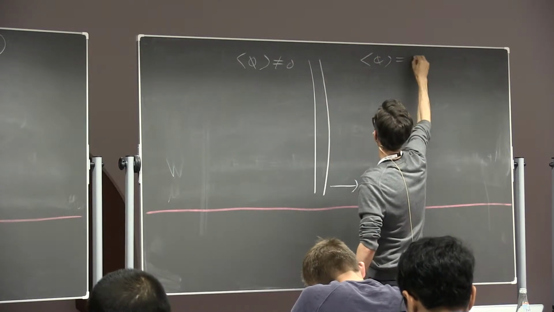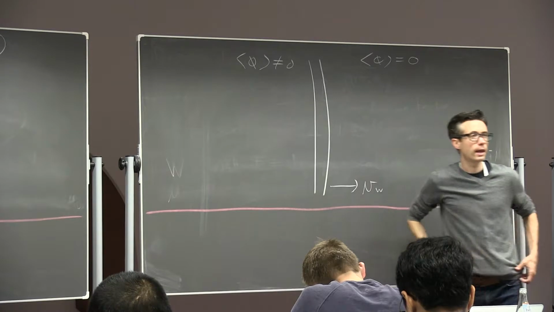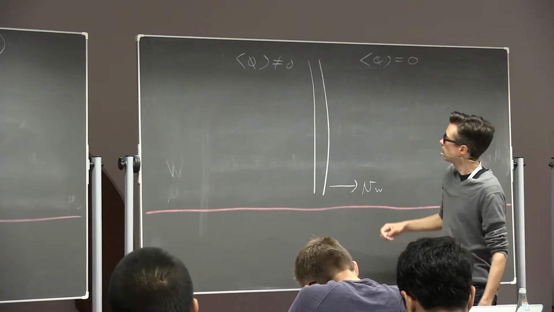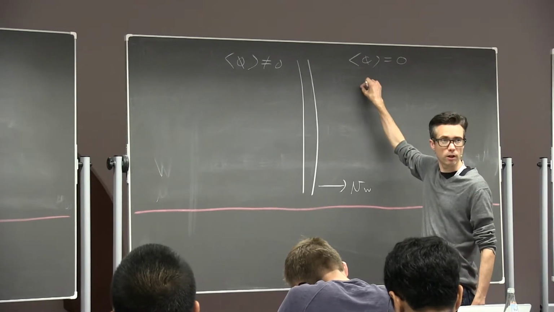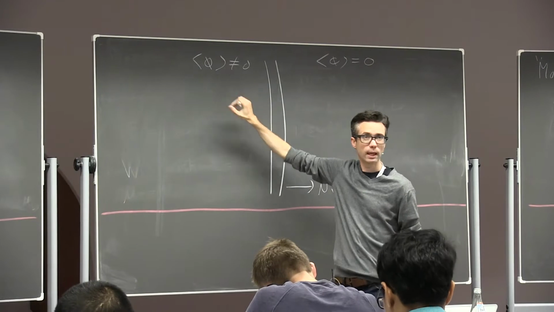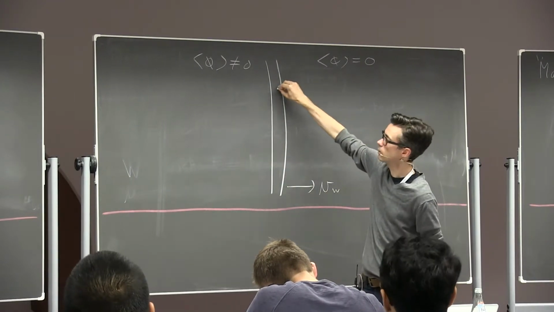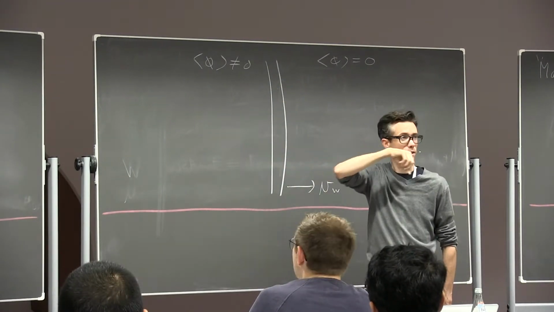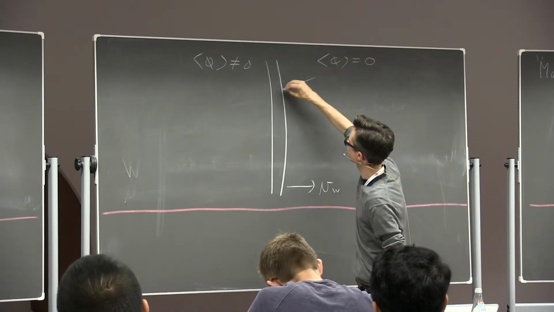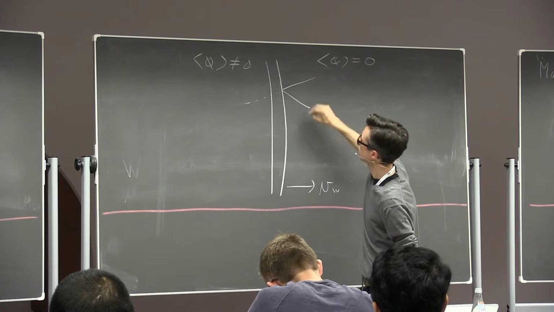On this side, I have phi equal to 0. And because I have a varying Higgs value, my standard model fermions on this side are effectively massless, and on this side, they're massive. This means that when they see the wall, they effectively see a potential change. And a fermion can come in, and it can either be transmitted or reflected.